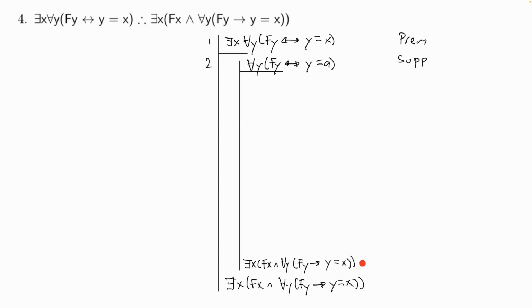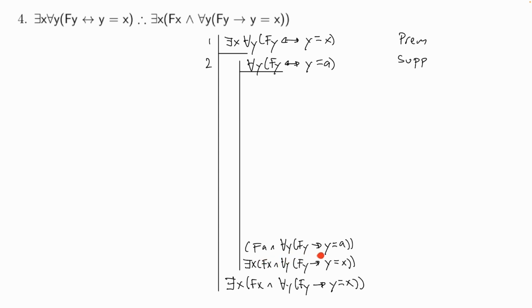And presumably we're going to get this formula here by using existential introduction on the formula Fa and for all y, if Fy, then y equals A. Now, this formula itself here is a conjunction that's got Fa as one of the conjuncts, and then this universally quantified statement as the other conjunct.